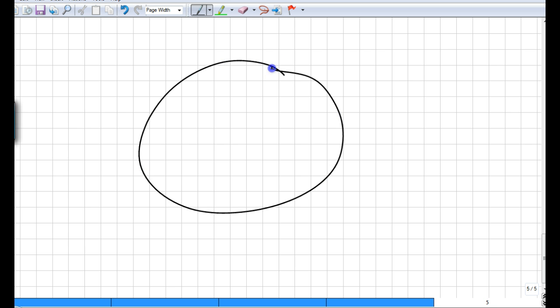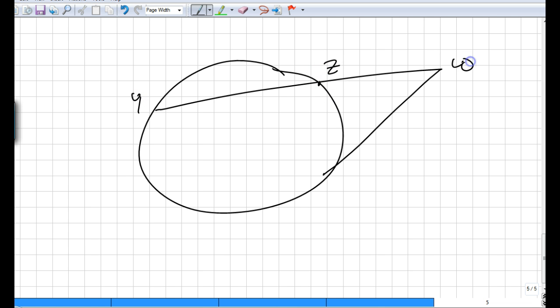Right? If I have a secant and a tangent, where this is Y, this is Z, this is W, this is X, and this is point V. And I know that angle W is 65 degrees, and I know that measure of arc XZ is 70, and what I want to know is the measure of this arc.